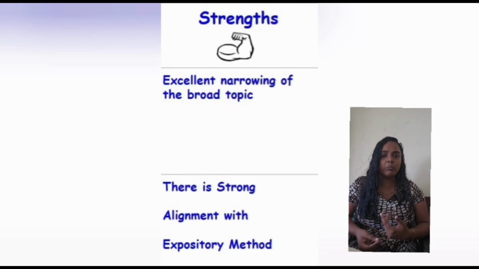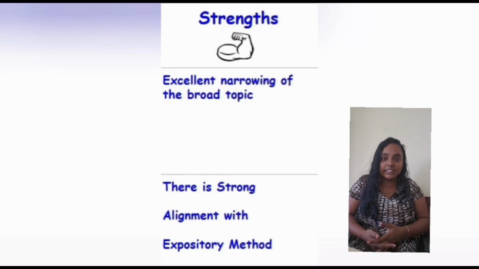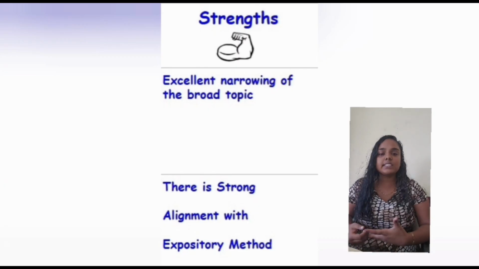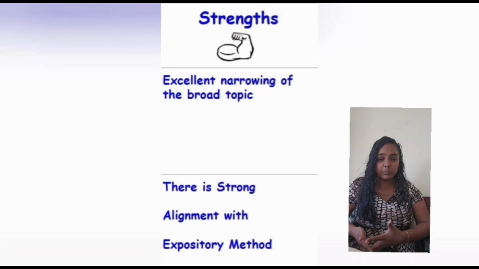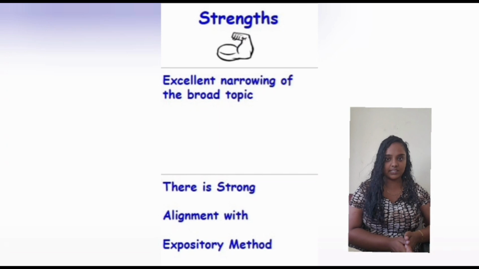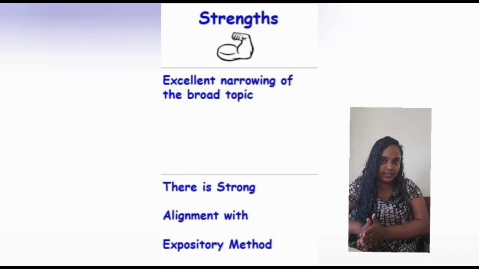Also, one must note that there is a strong alignment with the expository method, which is the cause and effect analysis. The subpoint and topic sentences produce a natural frame using cause and effect analysis. They clearly establish the cause and the resulting effect.